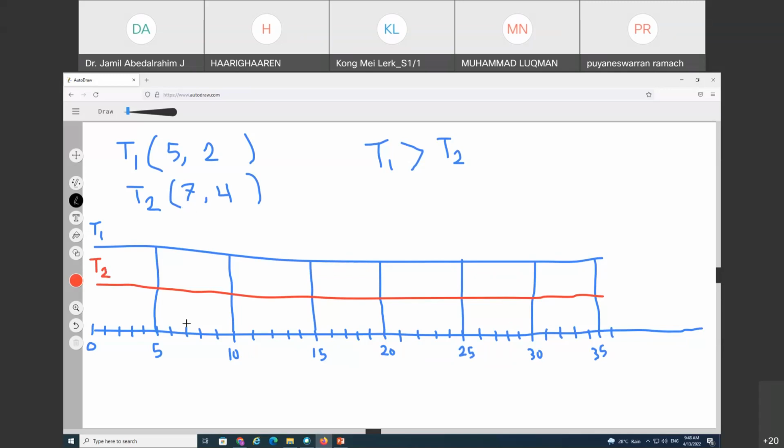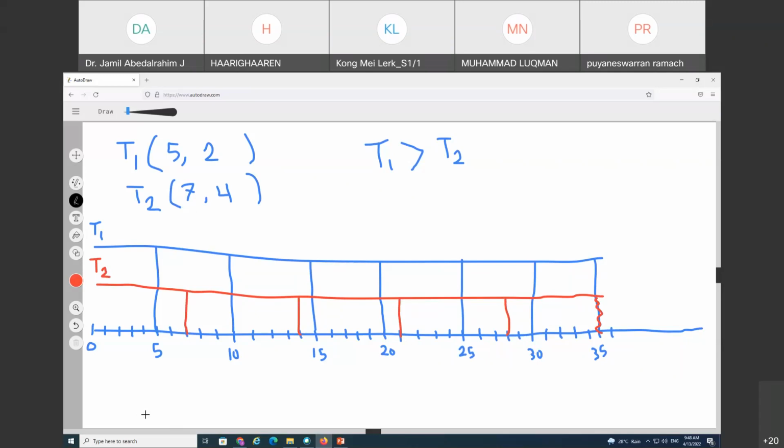The period is 7, okay? So each 7, then 14, 21, 28, and 35. Okay?